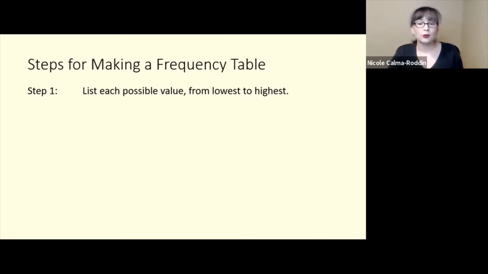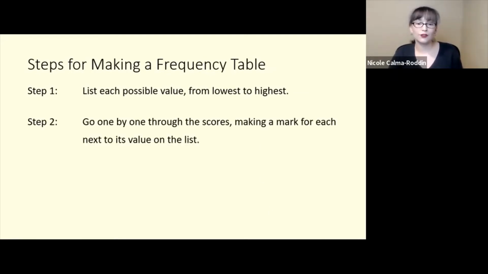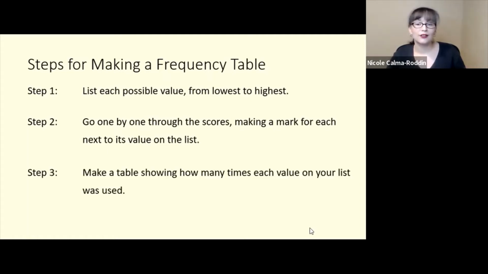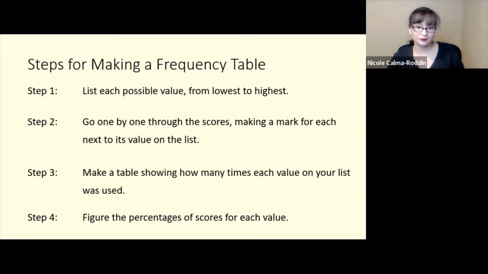For step 2, we're going to go one by one through our scores and make a tally mark for each score next to its value on the list. Step 3 is we're going to write the number of how many times each value on your list was used. And step 4, we're going to figure out the percentage of those scores for each value.